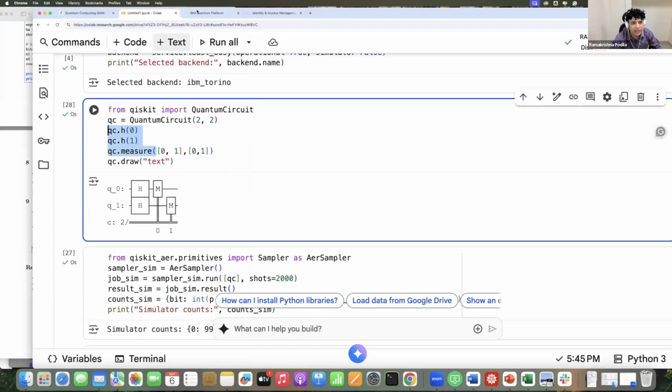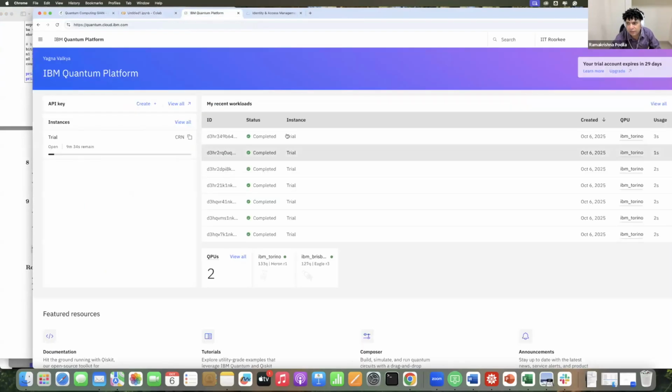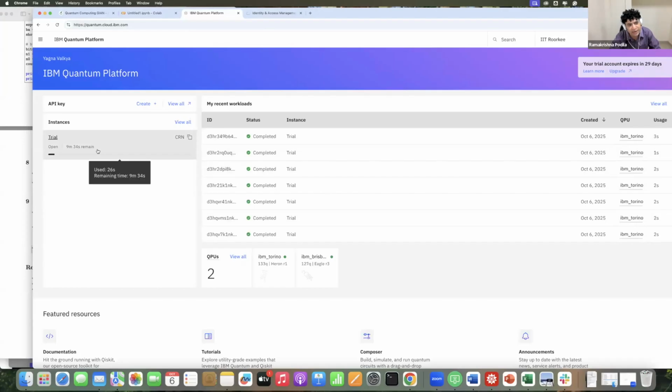But note that it doesn't take much time to run one circuit. It takes like 1 second, 3 seconds. So we ran so many things, but it's still like 9 minutes, 34 seconds remaining. And remember, we ran like 2,000, 4,000 shots. So you can actually do a lot with 10 minutes. The only thing I would say is if you are using GPT to code, GPT codes thinking that you have paid access.